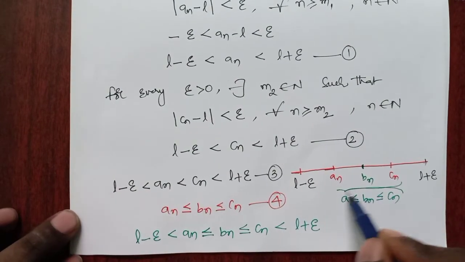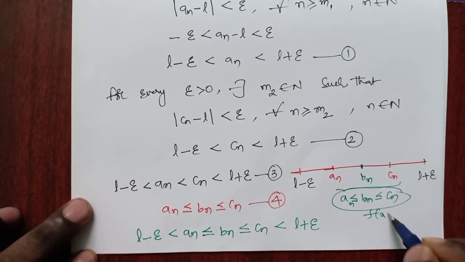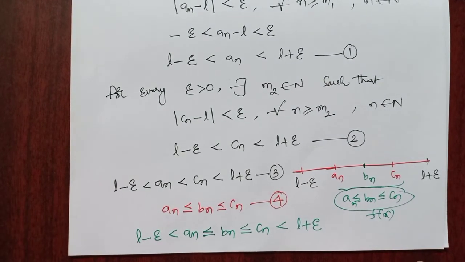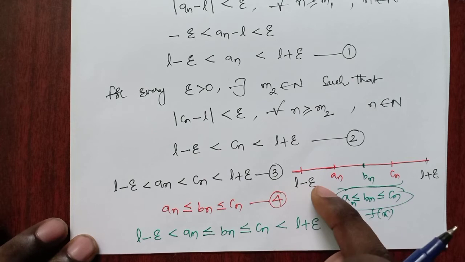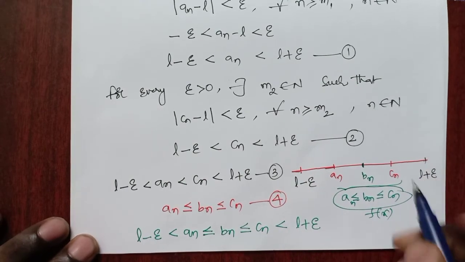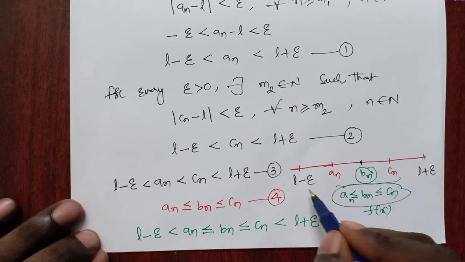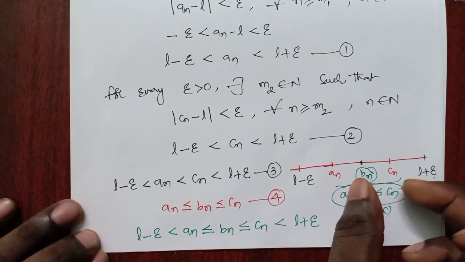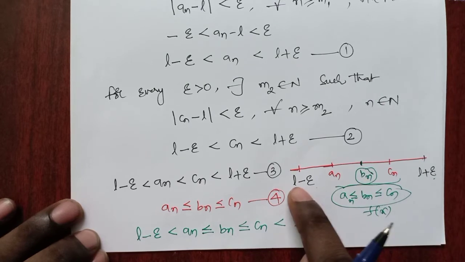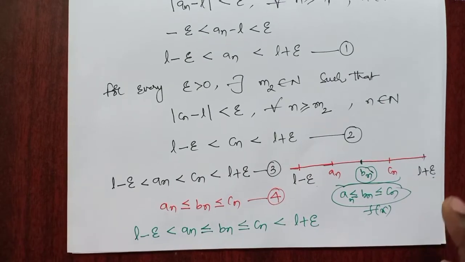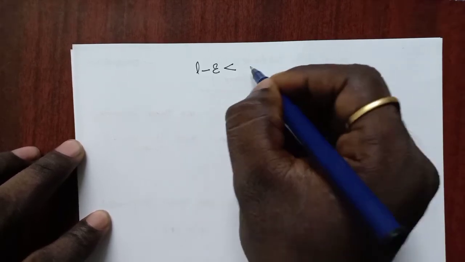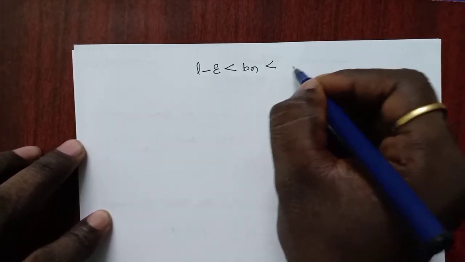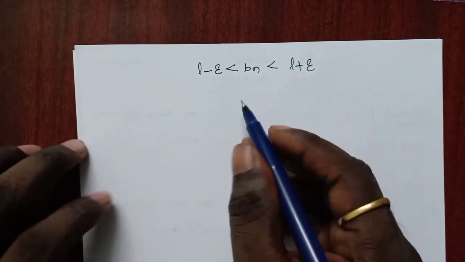Suppose you take this as f of x or whatever it may be; this condition lies in between l minus epsilon and l plus epsilon, which means bn also lies in between l minus epsilon and l plus epsilon. It is very clear from this figure. So we write l minus epsilon less than bn less than l plus epsilon.